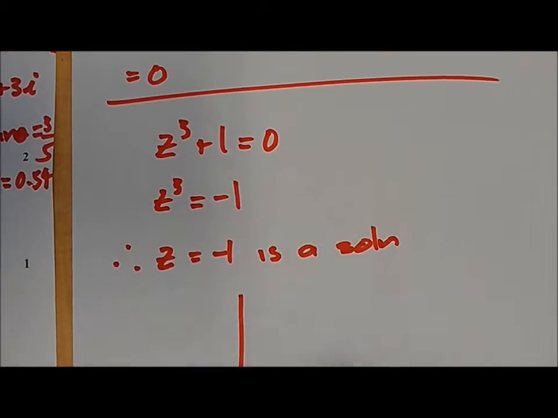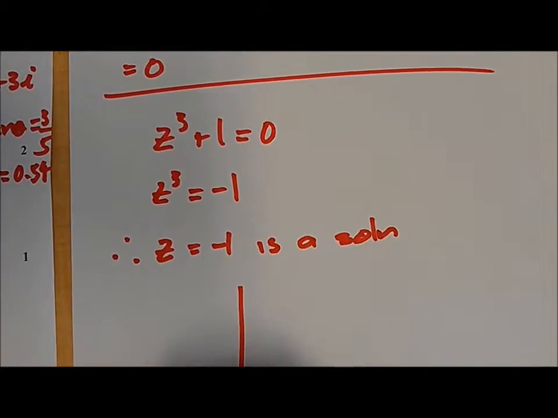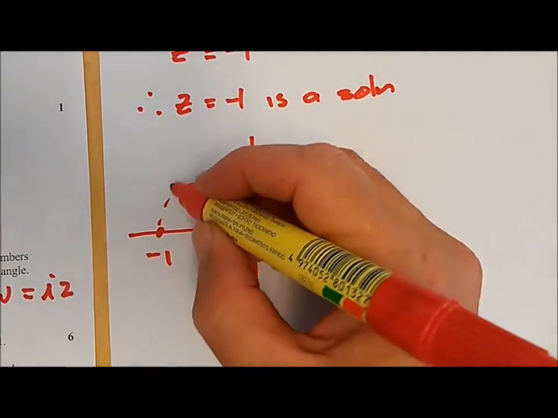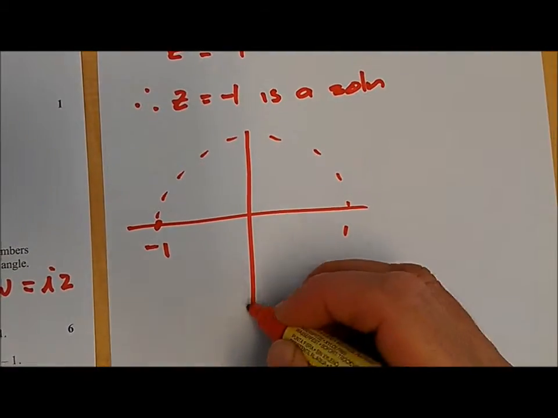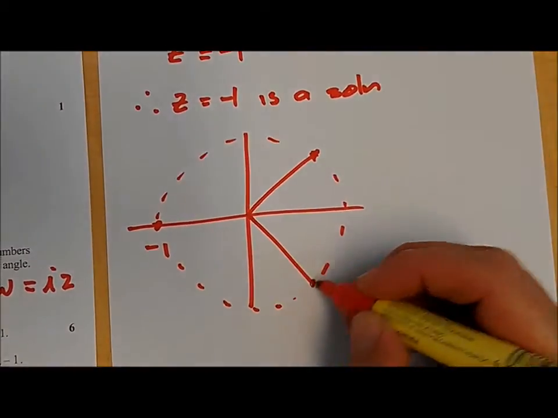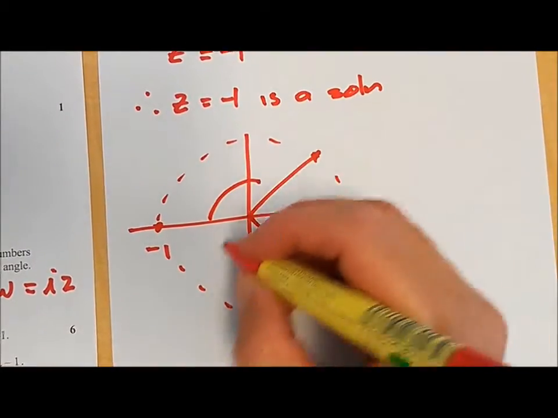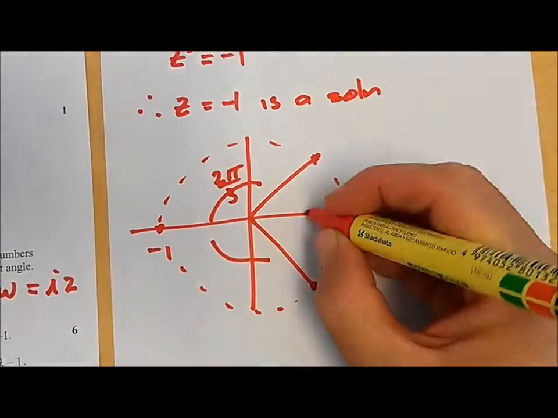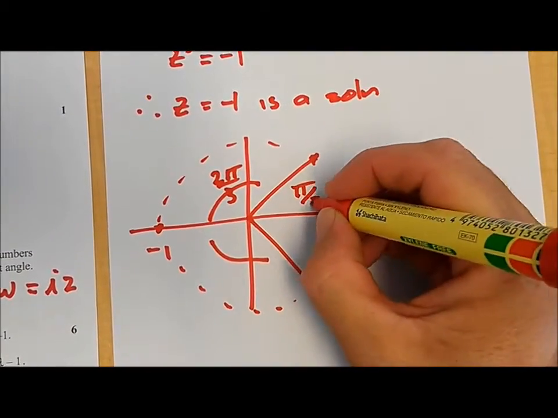And once I have one solution, I know that the remaining solutions are equally spaced around the unit circle here. So my first starting point is here. I need to get these other two solutions to make this equally spaced. So this angle back here must be 2 pi on 3. This angle here then is pi on 3.